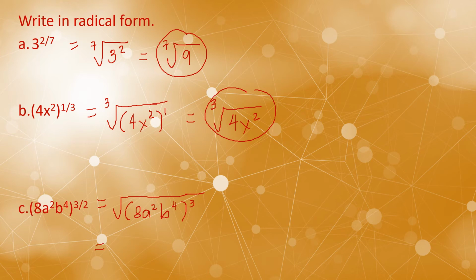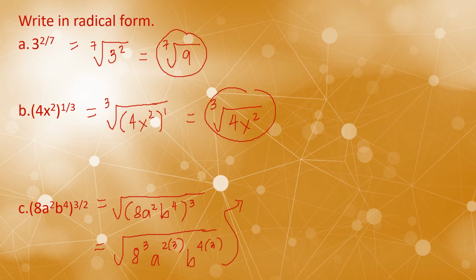Remember that if the index is 2, it is no longer written. If there is no index, it is understood that the index is 2. Let us now simplify the radicand. This means we have the square root of 8 raised to the third power, a raised to 2 times 3, b raised to 4 times 3.